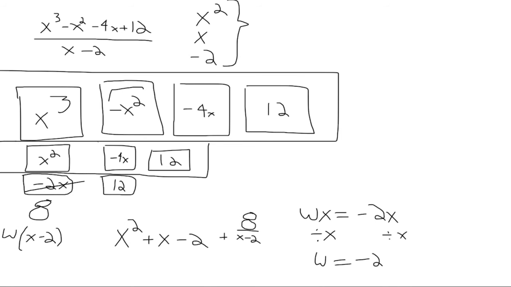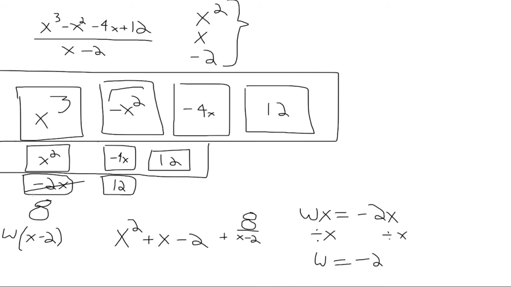So what we have here is a remainder of 8, because we couldn't get rid of it by subtracting a bunch of x minus 2's. So our answer is x squared plus x minus 2, which is what we multiplied by the x minus 2's to get rid of all of these different things, plus our remainder divided by x minus 2.